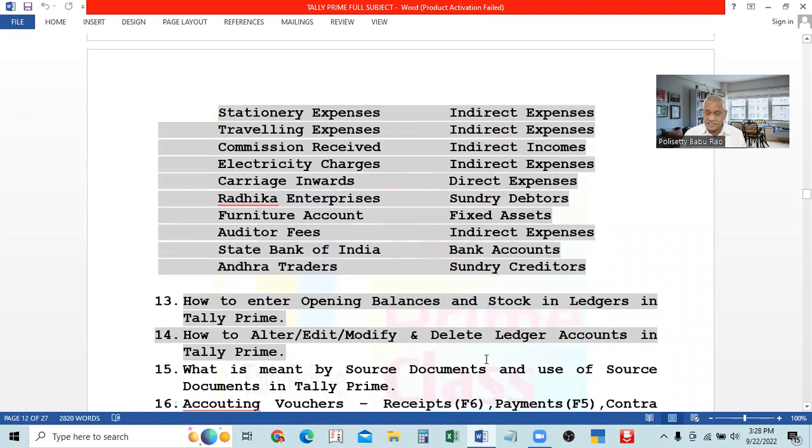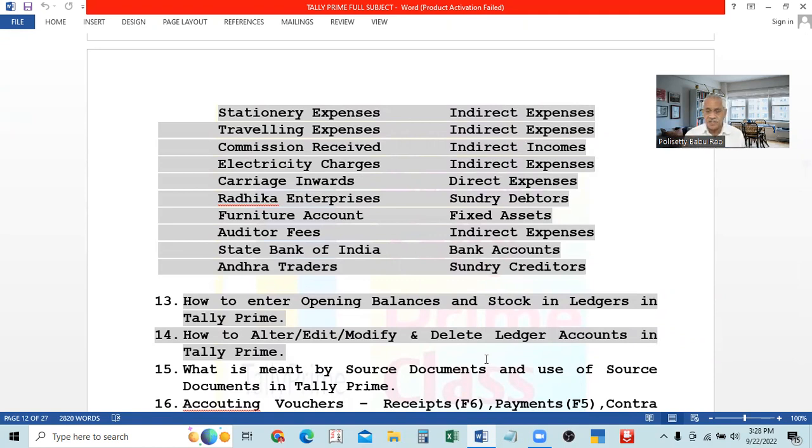For every transaction, there will be a proof, a base for the recording of the transaction. That base or proof of the transaction is called a source document. Every transaction will have a source document, a proof, or a base on the basis of which we can make the transactions.